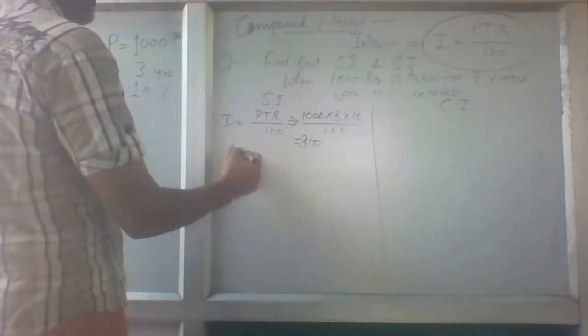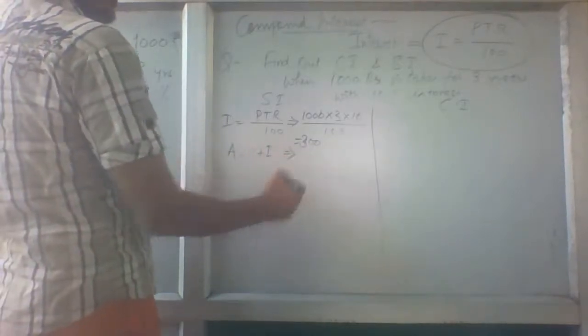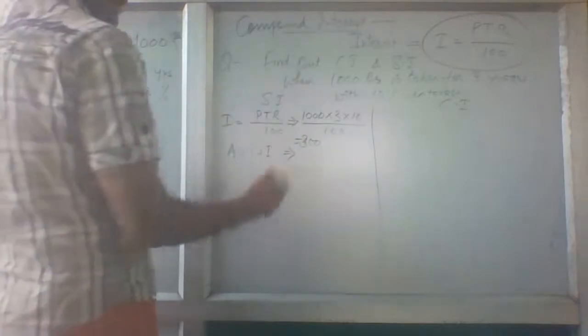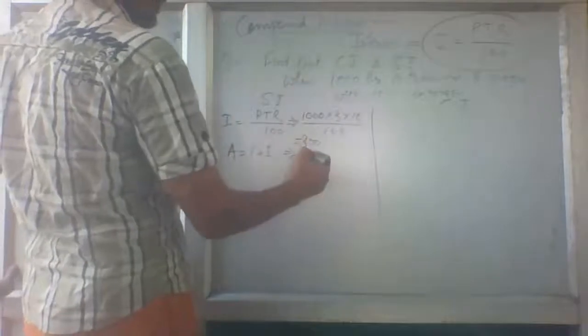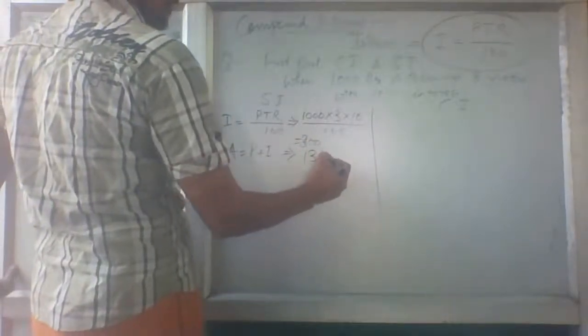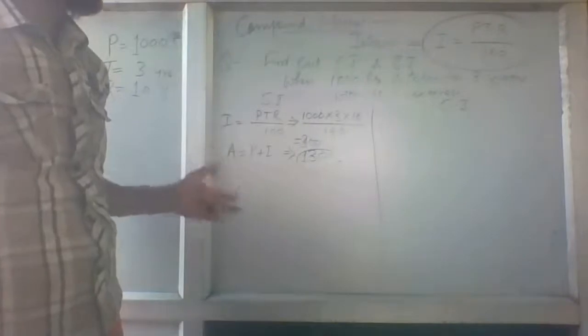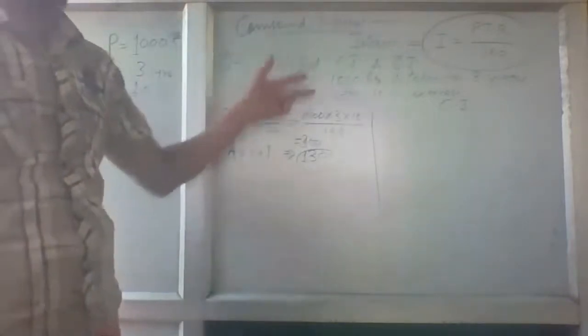The amount will now be principal plus interest. This is a simple formula. Add this interest to the principal you have taken, meaning 300 rupees will be added to the principal 1000 rupees. So it would be 1300 rupees. Now you have to pay 1300 rupees if simple interest was applied on the money lent out by you or anyone else.